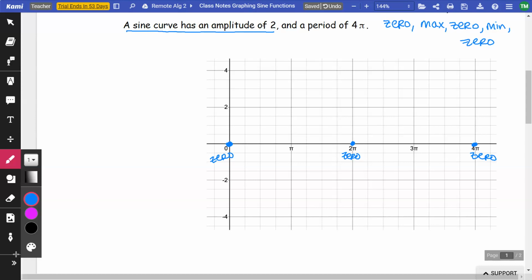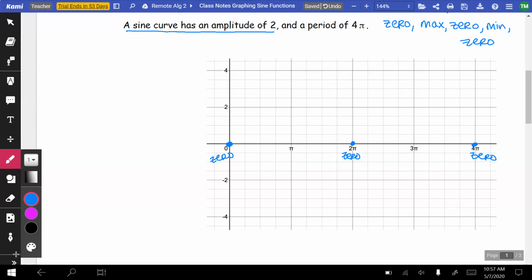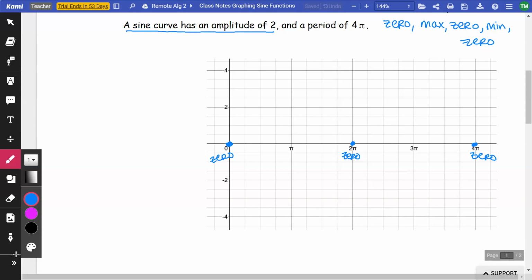Well, the maximum between 0 and 2 pi has to happen exactly halfway in between 0 and 2 pi. Well, what's halfway in between 0 and 2 pi? Pi. Then if we know the amplitude is 2, that maximum occurs at pi, 2.